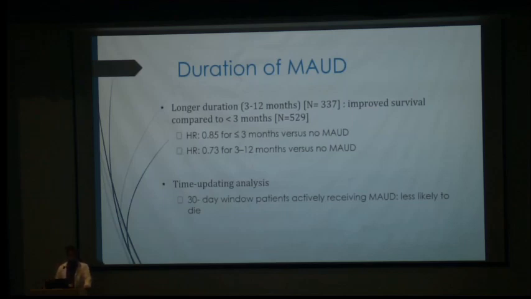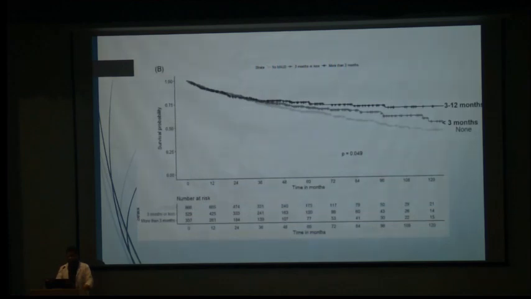What they also interestingly updated was that when they looked at a 30-day window period of any patient actively receiving MAUD, the chances of them dying at the end of the study were less. So those who were on MAUDs were less likely to die. And this is what the survival graph of this analysis looked like, with 3 to 12 months being the best survival.